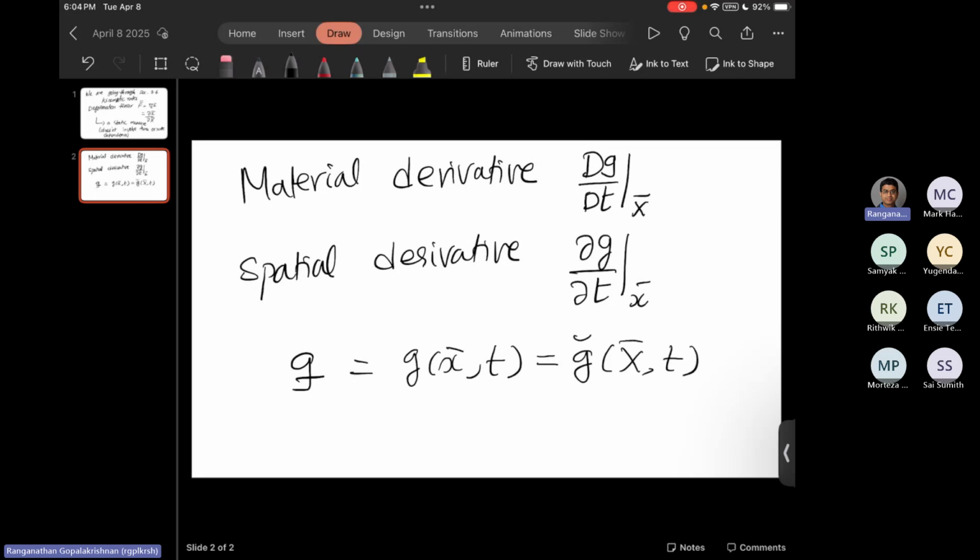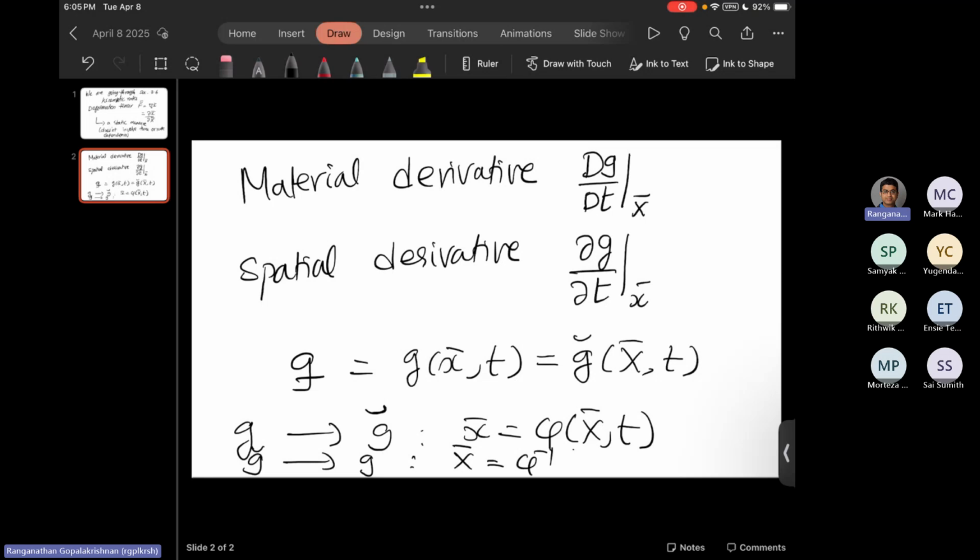What we also know is that you can go from g to g tilde by using x equal to phi of X comma t, and you can go the other way, g tilde to g, by using the fact that X equals phi inverse of x comma t. So once you have derived the representation for a quantity either in spatial form or material form, you can go back and forth as necessary.